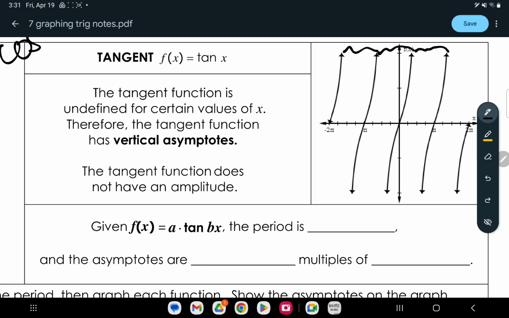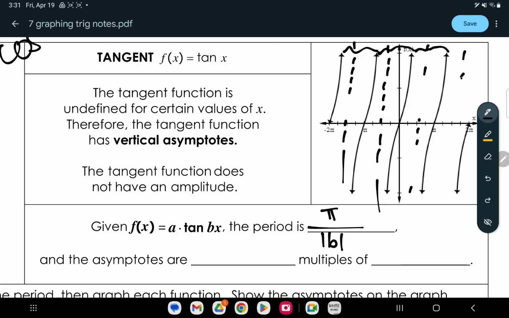And it's determined by pi over absolute value of b. Now we have these things called asymptotes here, which we know what those are. The asymptotes are odd multiples of pi over 2 absolute value of b.